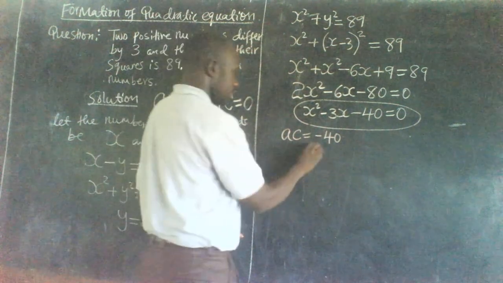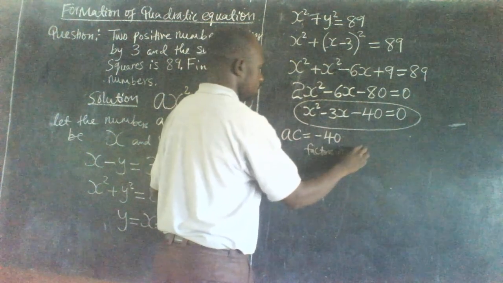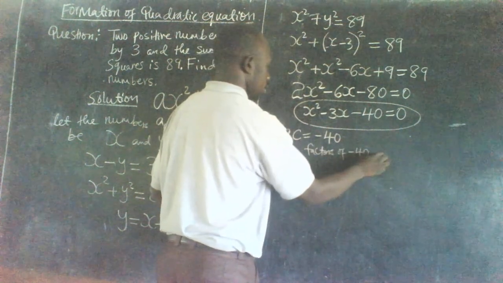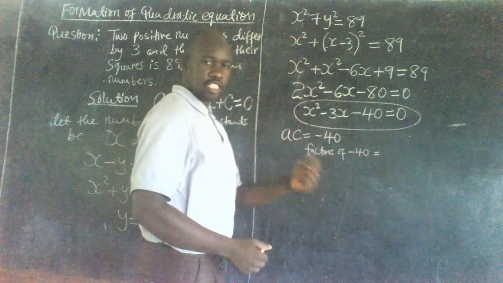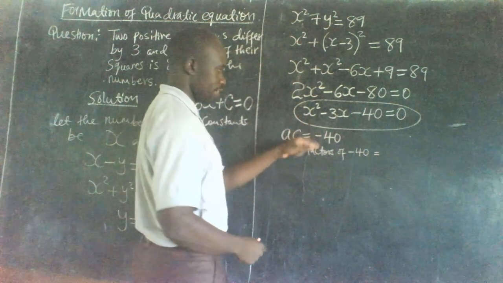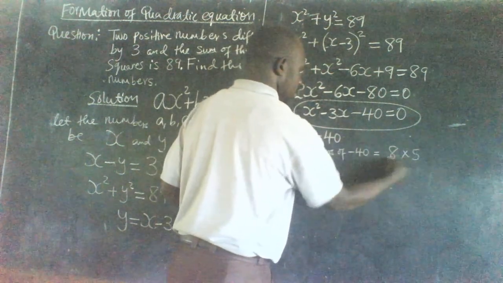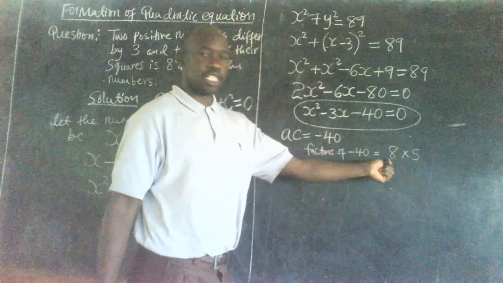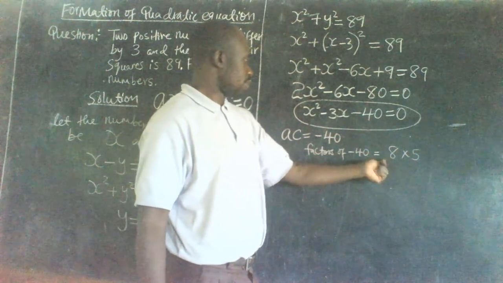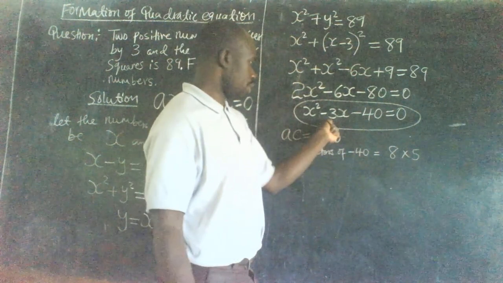The factors of 40 we have are 8 and 5. 8 times 5 is 40. But which one will be the negative? Because when we add the two, it should be minus 3.